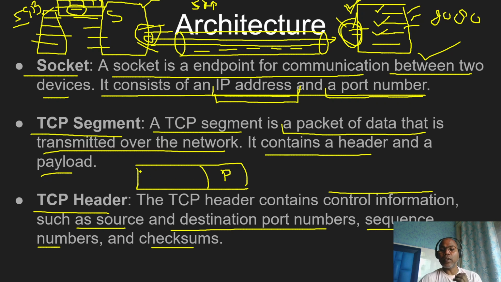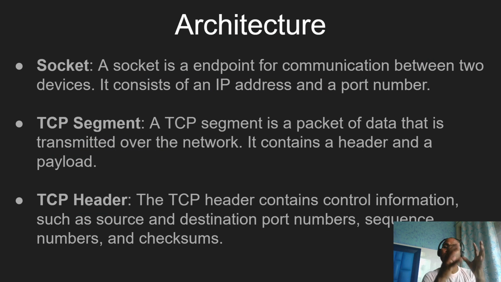The header contains control information like source IP and port, destination IP and port, sequence number, flow control, checksum, time to live. Lots of information is contained. From this header, the receiver arranges the data in a particular order.